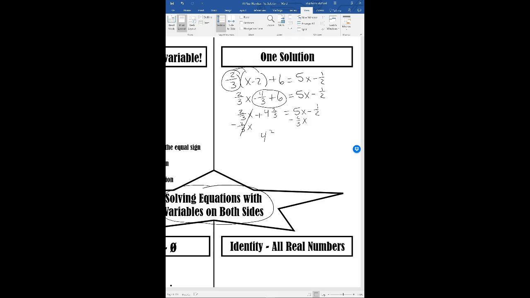That's 4 2/3 equals 4 1/3 x minus a half. Add the half, you get 5 1/6. Again, you can use your calculator for these operations.